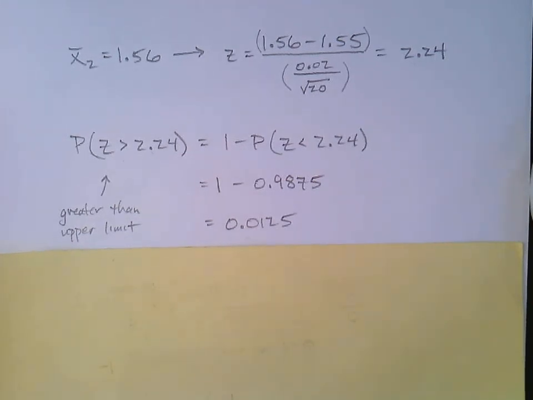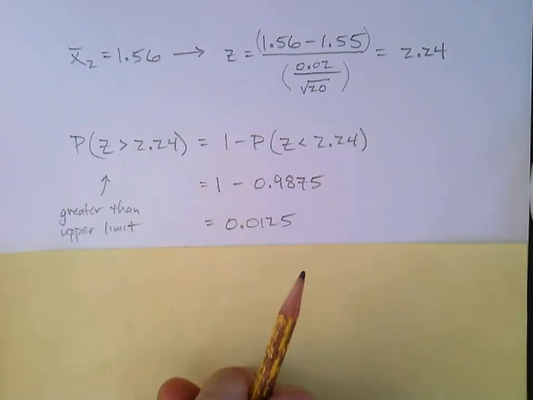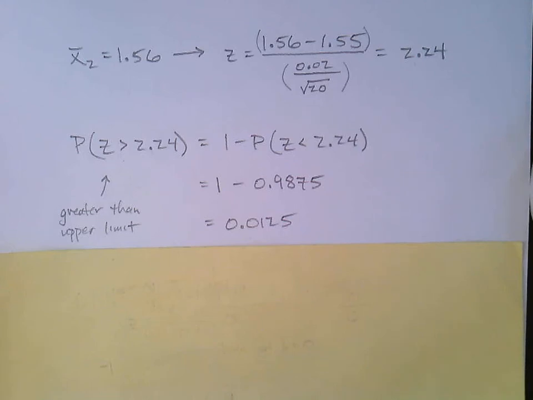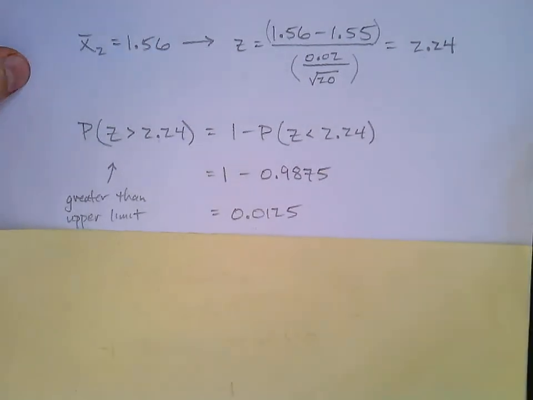Now at this point, we still haven't quite answered the question. We've done a lot of work, but we got to put it all together. So we found that the chances of being less than that lower limit and the chances of being greater than the upper limit are both 0.0125. So what's the total probability that we fall outside of the acceptable range of weights to our chocolate bars?